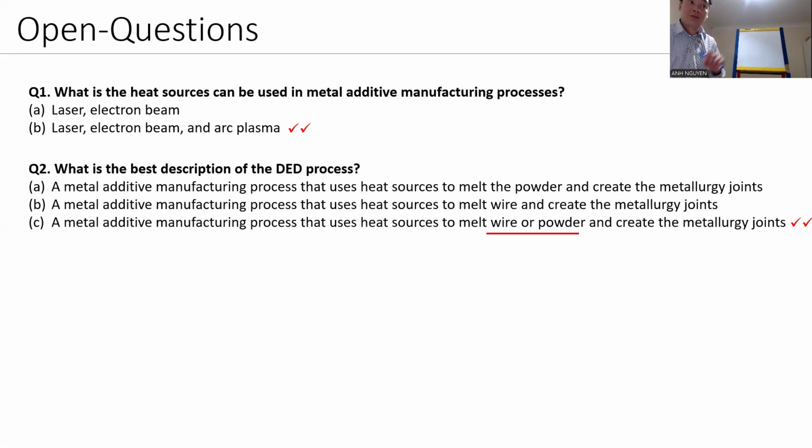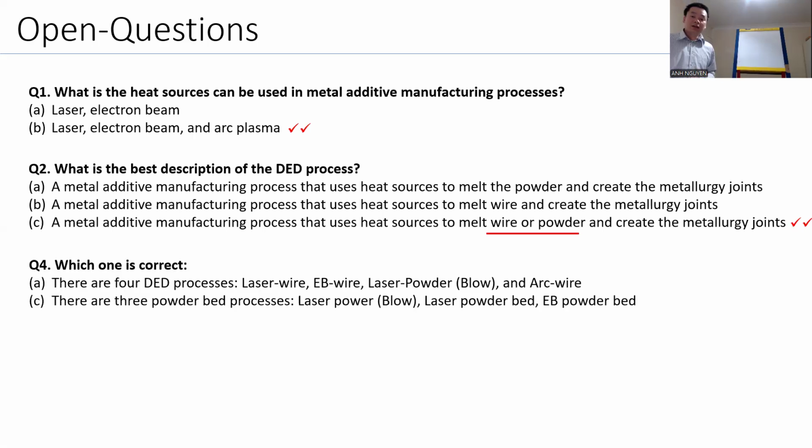We can use wire or powder. The last question is, do we have four DED processes or three powder bed processes? In powder bed, we have two types of heat source, laser and electron beam. So we can create two types of powder bed process. So the correct answer is A.